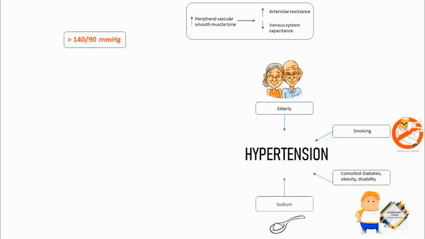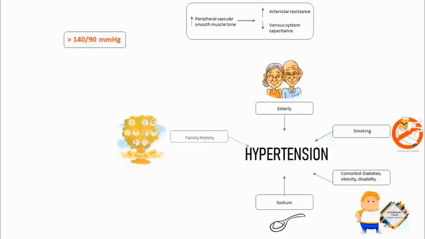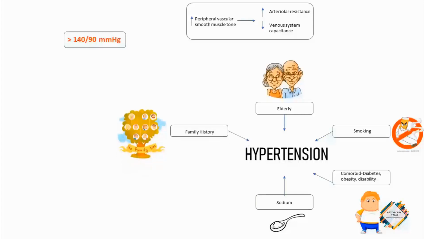Next is sodium. With high dietary sodium intake, the chance of developing hypertension is even higher compared to the normal one. That is, certain people who take more sodium in their diet, that will contribute to the development of hypertension. Next is the family history. A person who has a family history of hypertension has a high chance of developing hypertension. Next is the lifestyle.